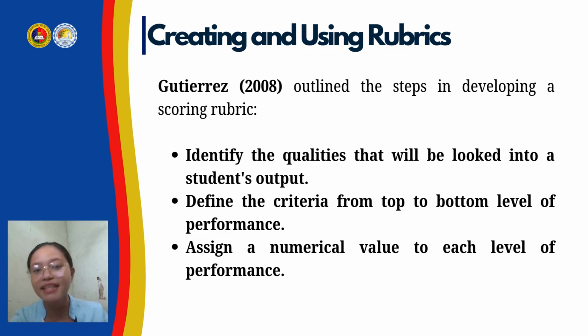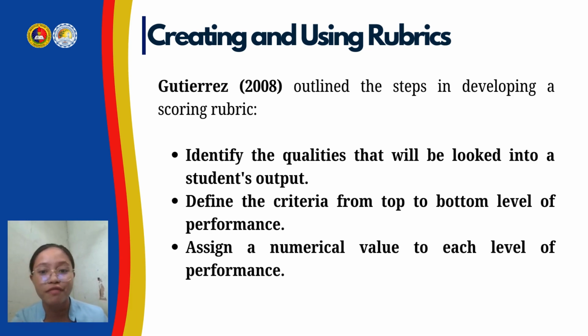All right, so Gutierrez actually outlined the steps in developing a scoring rubric. So we actually have three. First, identify the qualities that you will look into in a student's output. So what are the qualities that should be seen in the outputs performed by the students?